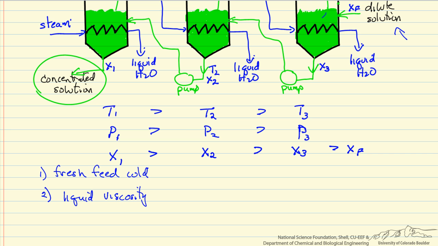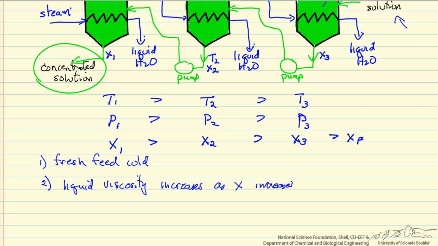So the viscosity increases as X increases, the mole fraction of the solute. Therefore we want the hottest temperature to be when we have the highest concentration of the solute, because the heat transfer is going to be higher when the material is less viscous, and at a higher temperature it's going to be less viscous. Other aspects of this are the same as the forward feed.